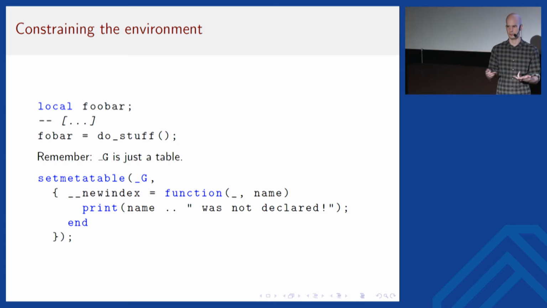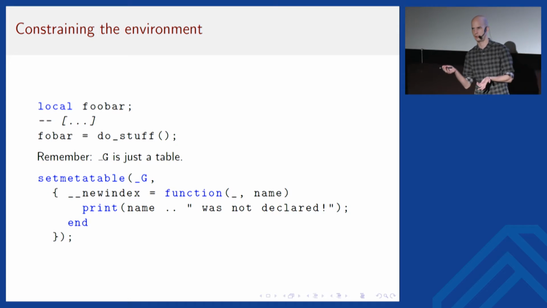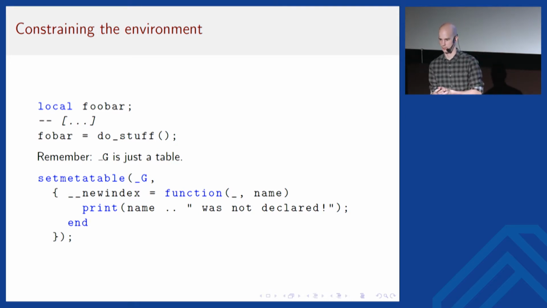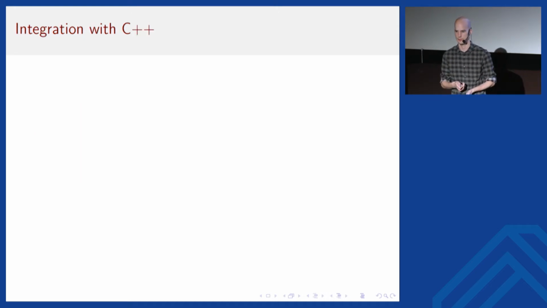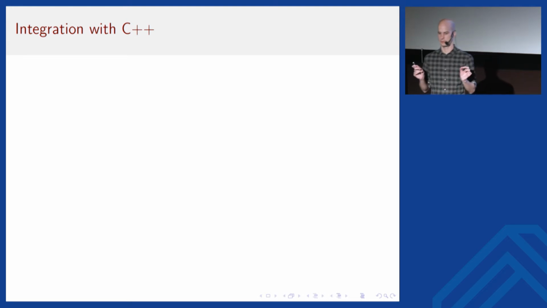So for example, you could say that you can only create new global variables in certain contexts, or you can only declare them when you go through a special declare function or whatever. And again, this basically comes for free just because we have metatables and from the fact that _G is a table. Okay, so that was a very quick tour of Lua.